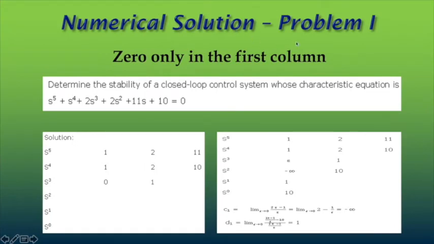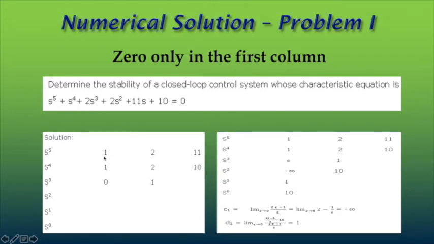Numerical solution, problem 1: 0 only in the first column. This characteristic equation is given. Determine the stability of this closed loop system. Create the first row and second row from this characteristic equation.